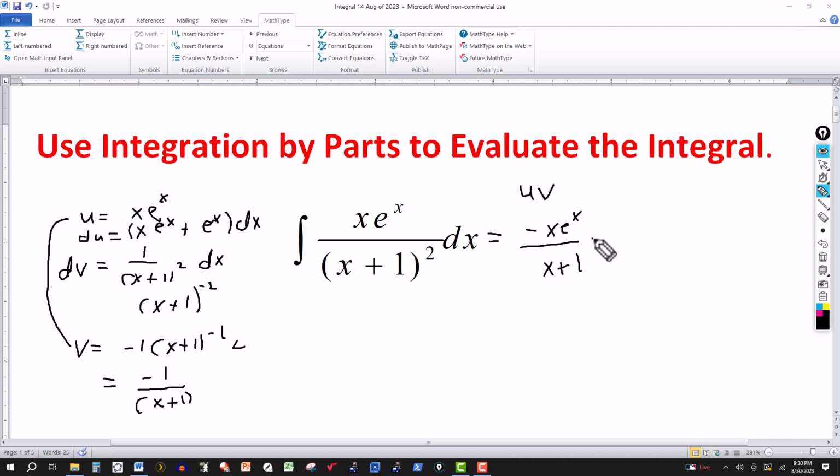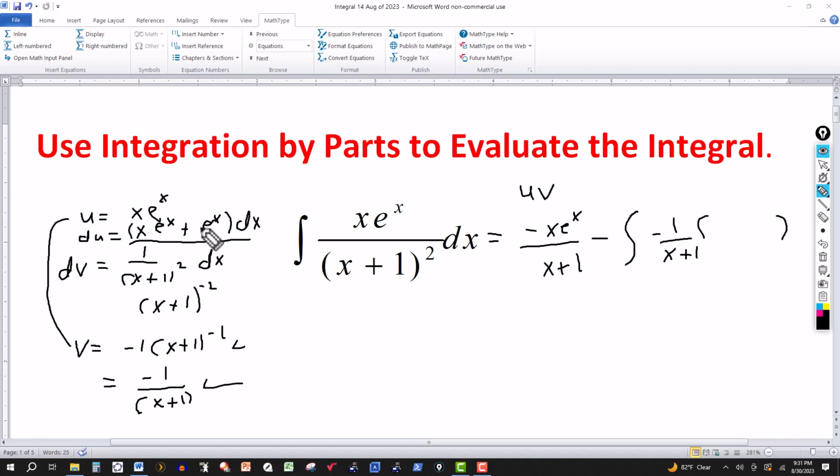And then it has a minus, and then the integral, and then the next term here should be a v. So v is this right here, negative 1 over x plus 1. That's the v. And then it's du, put that in parentheses. du is going to be all of this right here.